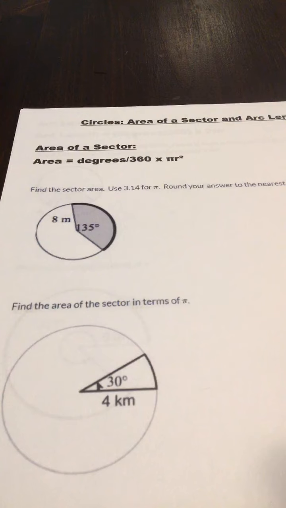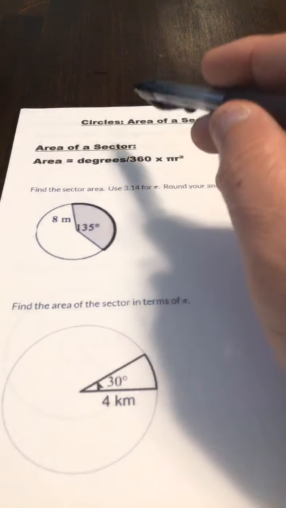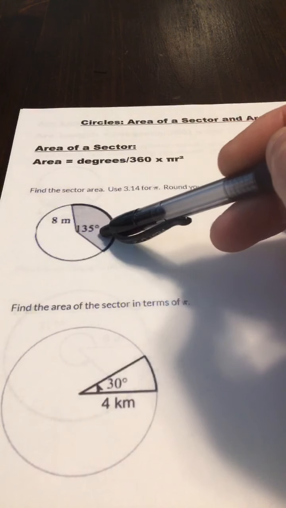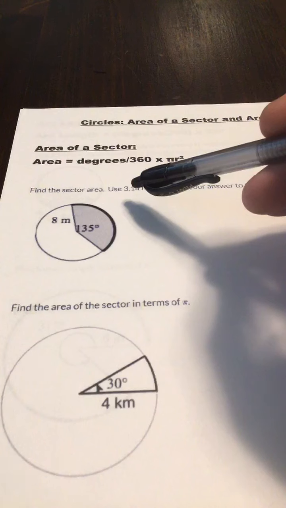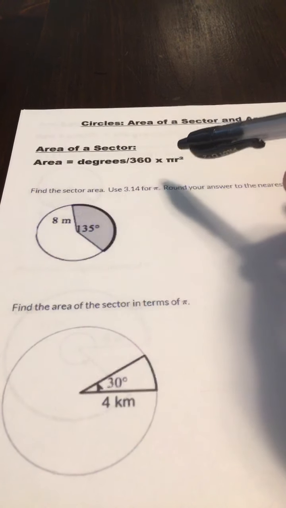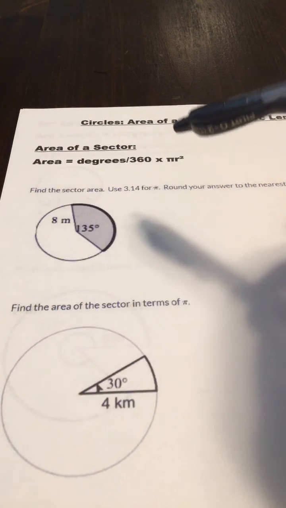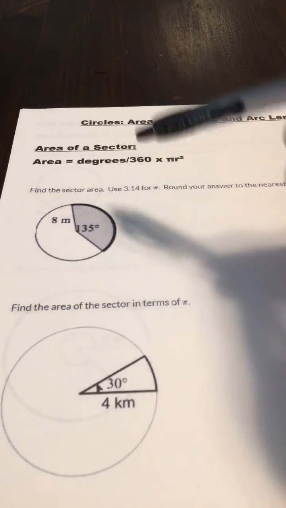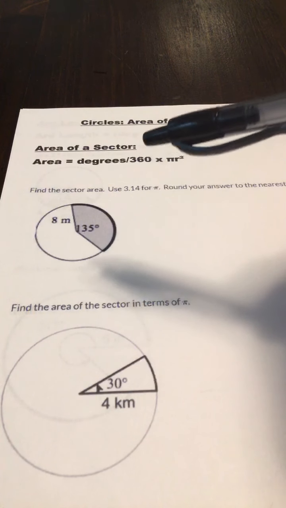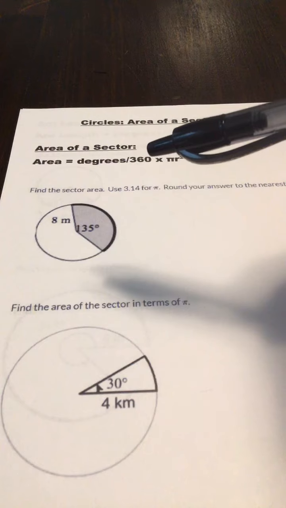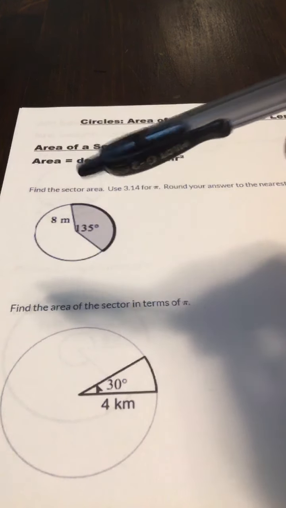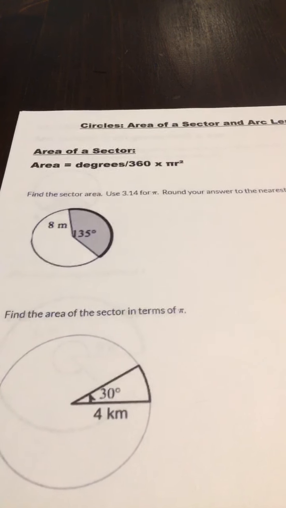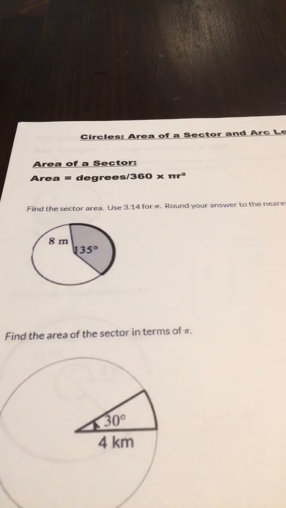So the formula to find the area of a sector is you take the degrees that you're given, divide that by 360, and then multiply that times pi r squared, which is the area of the whole thing. It gives you a fractional part, which you multiply by the area of the whole circle. These are real simple, real easy to do, shouldn't take a whole lot of time.